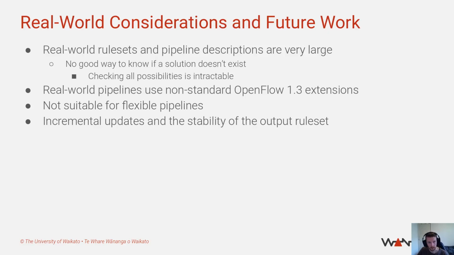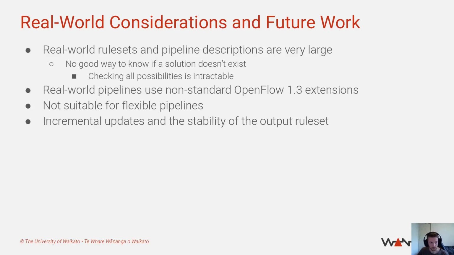We also find that real-world pipelines, like the OFDPA pipeline, tend to use non-standard OpenFlow extensions. This is something that our solver currently doesn't support. It only supports standard OpenFlow. So it's not capable of dealing with that.